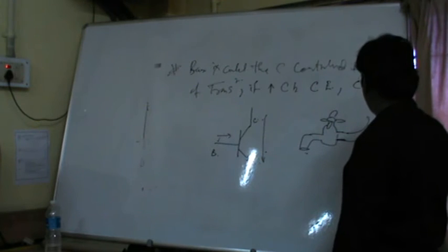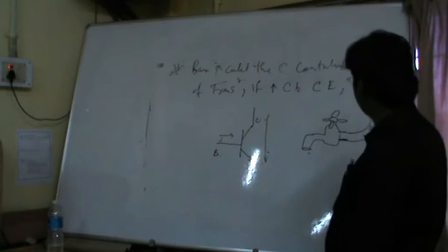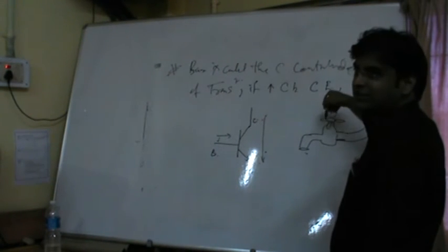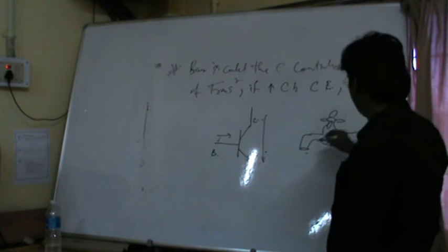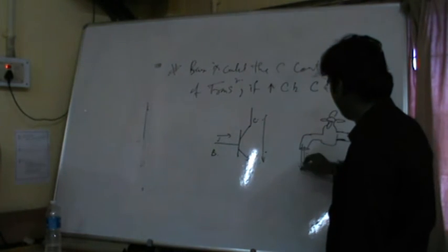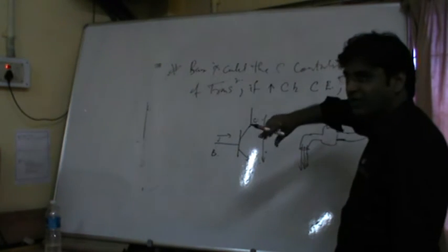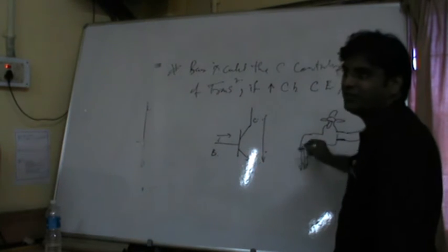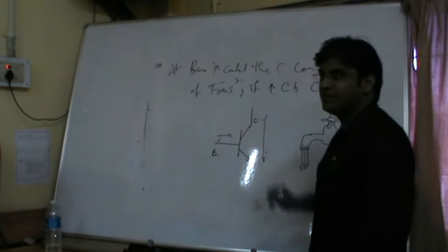From here the water is coming. If I rotate this, that is a tap actually, so the water flows from there. The more we open it, the more water is coming here. Just like this, the base.